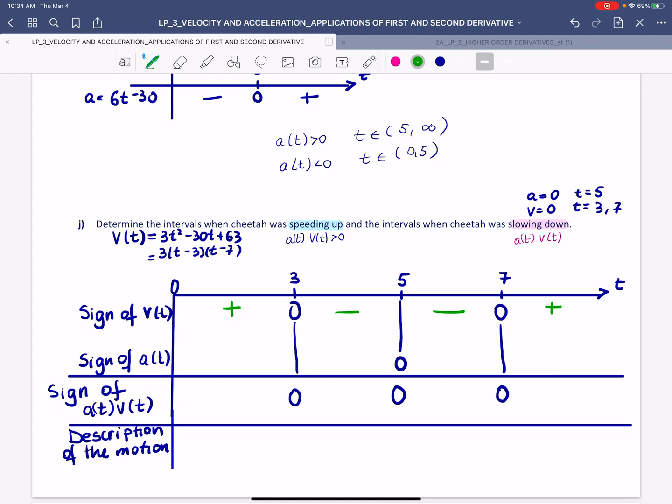Acceleration, on the other hand, is negative to the left of 5, positive to the right of it. So that means that the product of the two will be negative, positive, negative, positive.